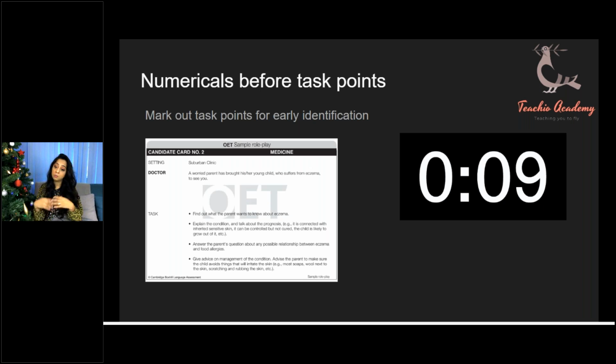You shouldn't do that, but perhaps that happened on your exam. So now you don't know where you are at. So what some students do is that they start reading the task again. So that's going to waste a lot of your time. But if you put numericals in front of each and every task point, you quickly know, okay, I'm on 4, I finished 4, now I'm going to go to 5.